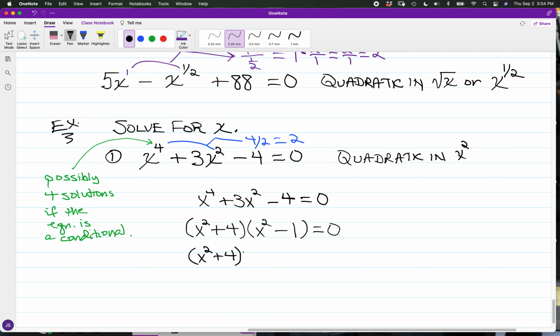Now x squared plus 4, that's the sum of squares. This cannot be factored into real integer terms. However, for a difference of squares, like in the case of x squared minus 1, we can factor into x plus 1 and x minus 1. And we can now utilize the zero product property.